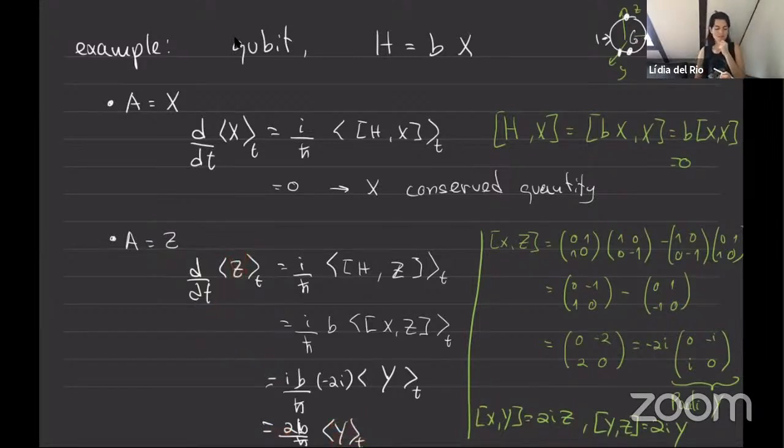So it's like Y is the velocity for Z and Z is the velocity for Y, which is kind of confusing, but later on we'll see many examples. However, the maths are clear, right? This is how we do the observation of the evolution of observables.